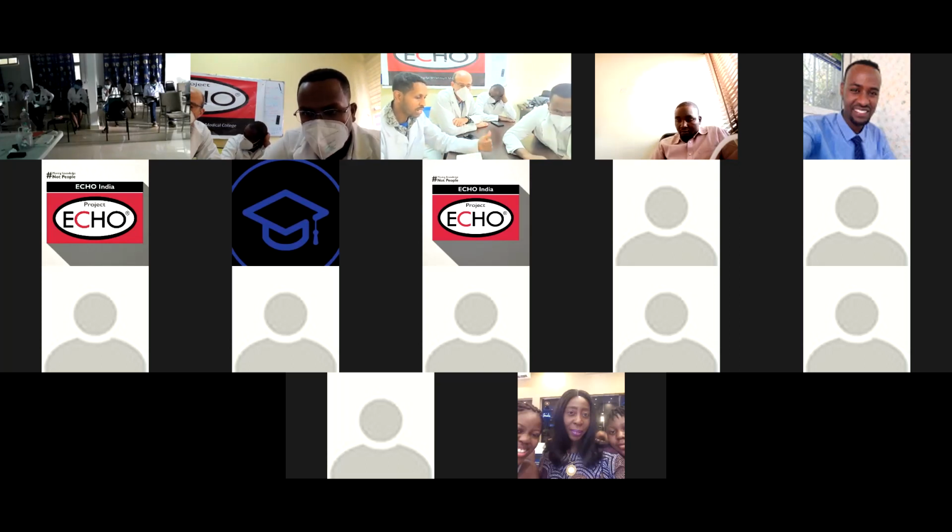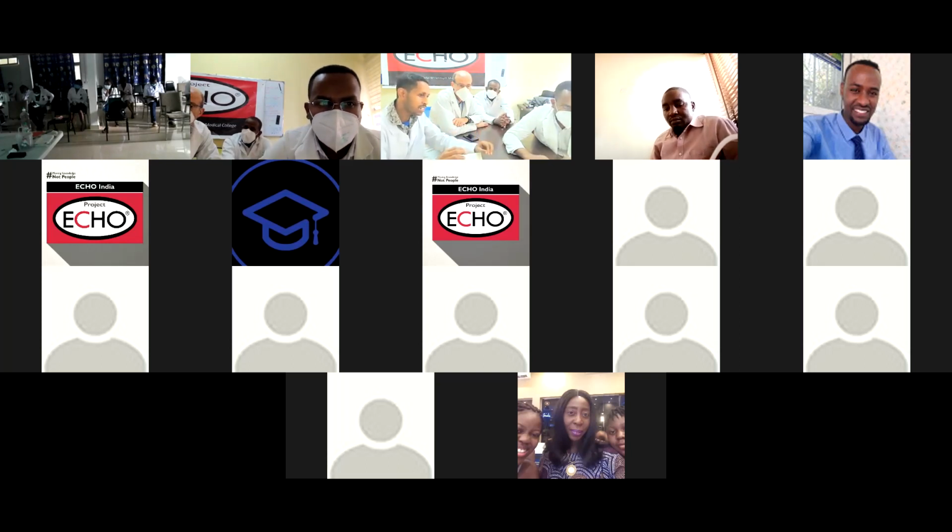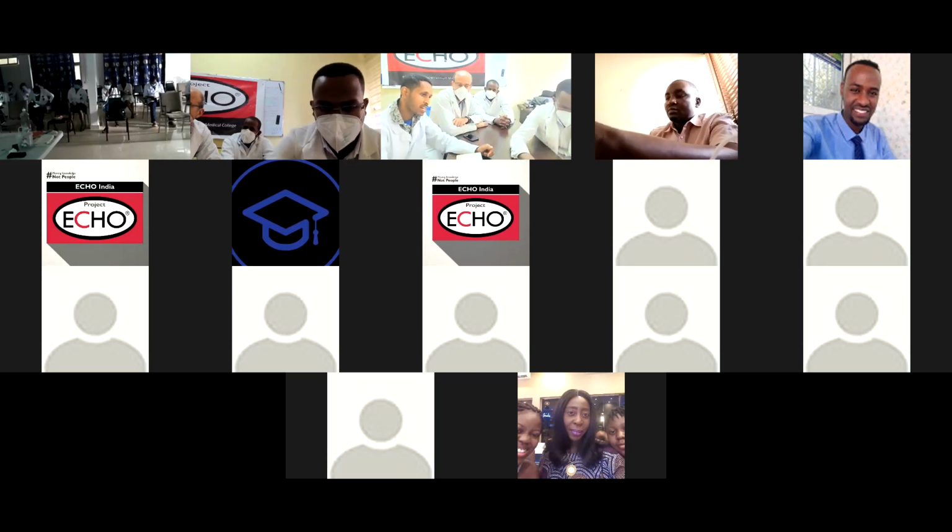So we also take the BMI, the body mass index, and in those patients who have a body mass index within the normal range, we provide a full dose of chemotherapy. And most of the patients, in our experience, tolerate the chemotherapy at full doses.